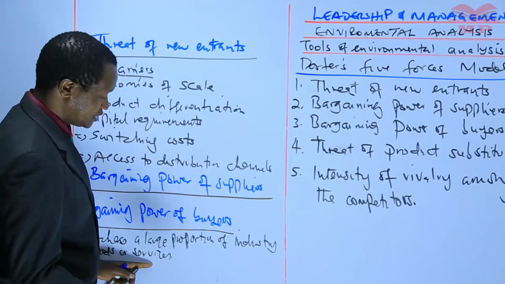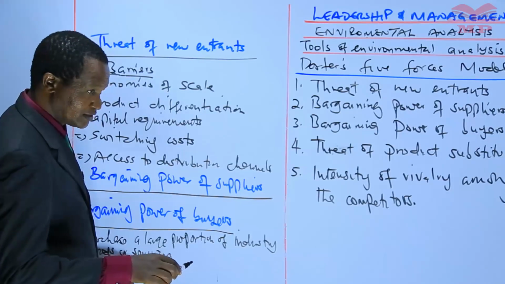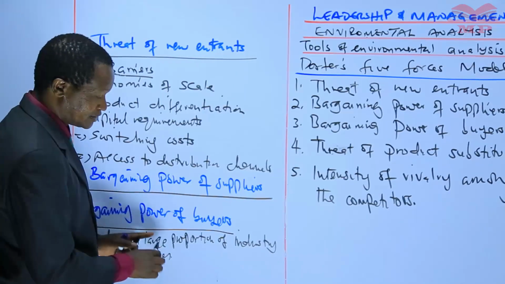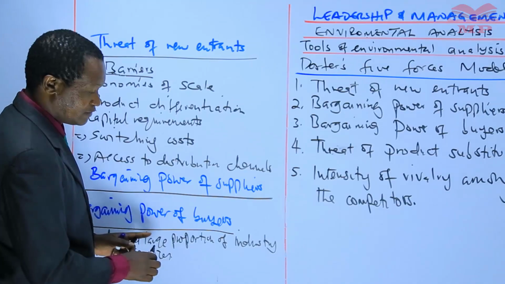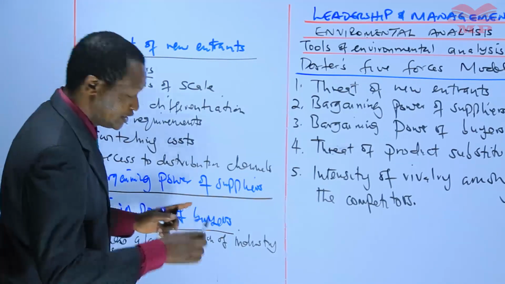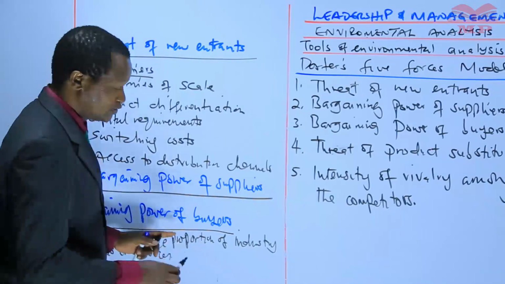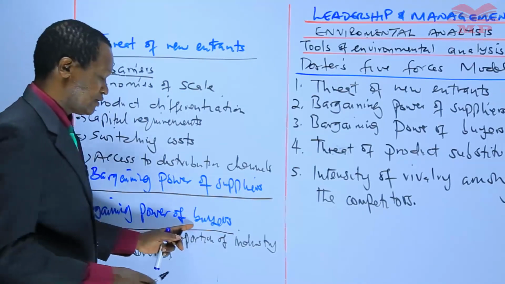Another condition here is that if the sellers only sell to these buyers, if the sales they make to these buyers are their only sources of revenue, then these buyers will have power.